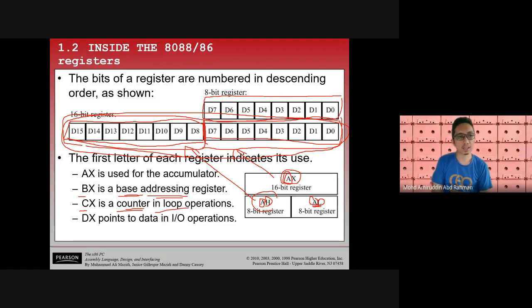And D points to the data in the input and output operation. So you can distinguish between A, B, C, and D in the register. Remember that: A for accumulator, B for base addressing, C for counter, D for data.